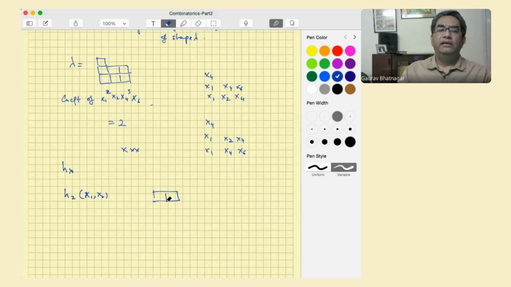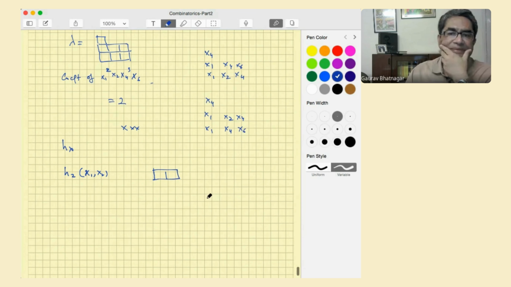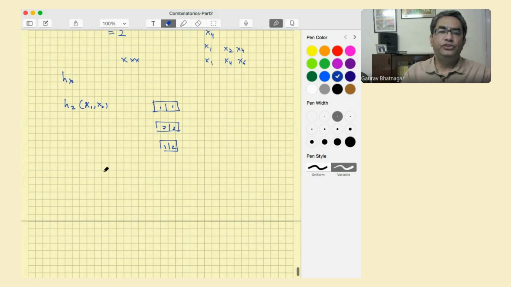So here you have a box of these two guys, and h2 involves x1 square, x2 square, and x1 x2. So if you multiply everything, you're going to get a homogeneous thing. So basically, you allowed all these guys. So it's h2 and h lambda similarly will be a product of all these guys.